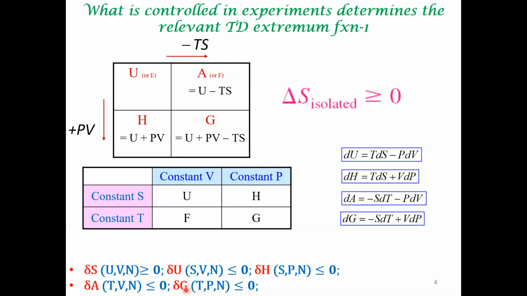Therefore, Gibbs free energy is the thermodynamic state function of relevance. This state function is going to be a minima at equilibrium for such a system. What is such a system? A system for which temperature, pressure, and total number of molecules are controlled.